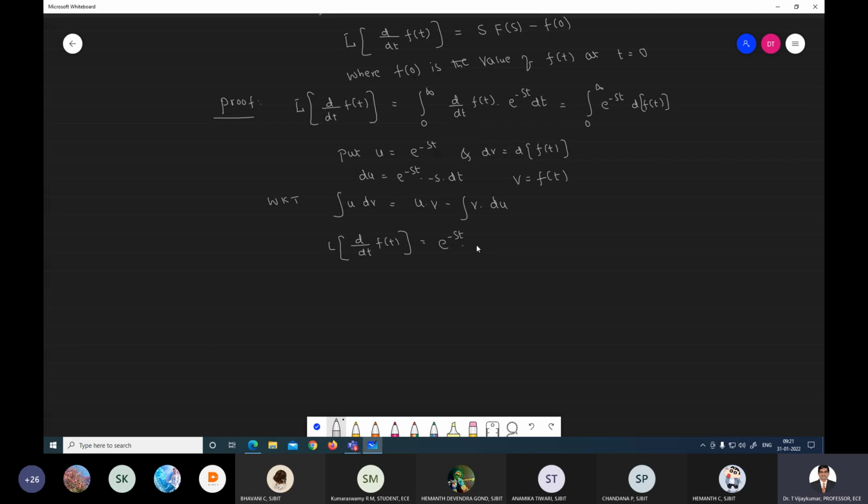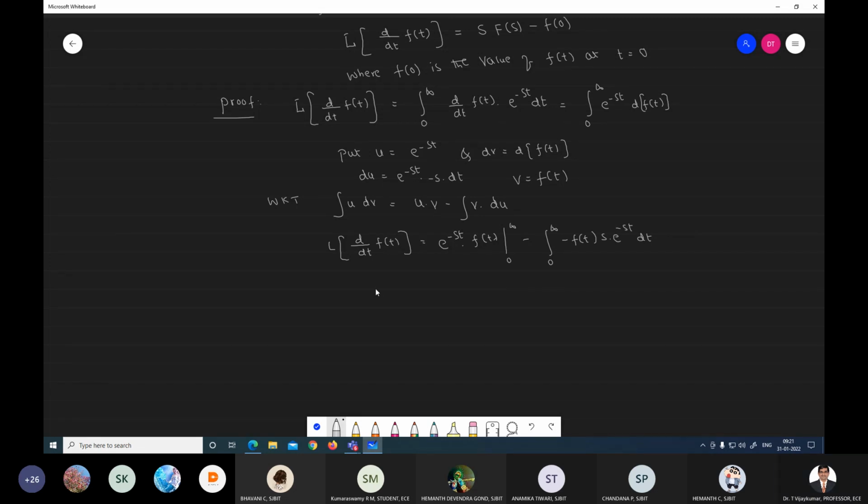So u into v is e to the power of minus st into f of t, with limits 0 to infinity, minus integration from 0 to infinity of f of t into s into e to the power of minus st into dt. That is, integration of v into du, where du is e to the power of minus st into minus s dt.